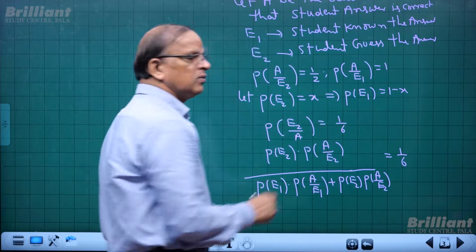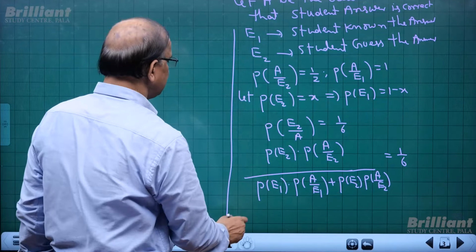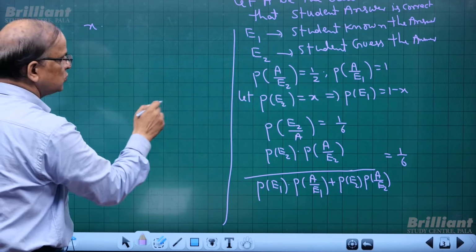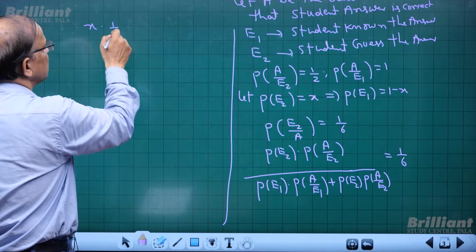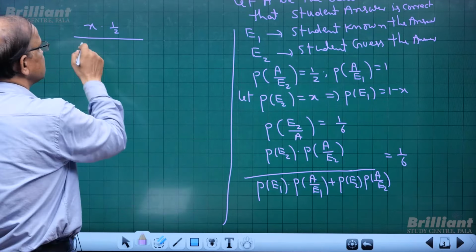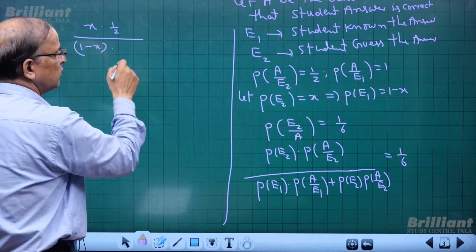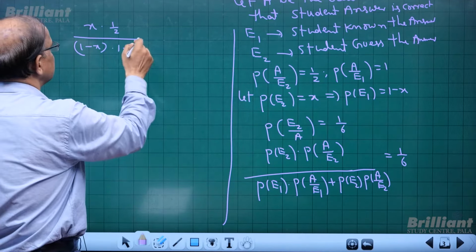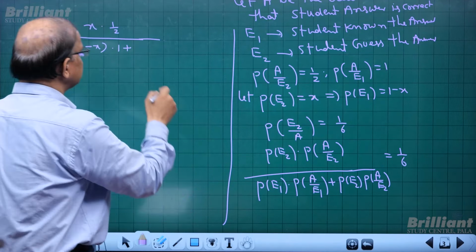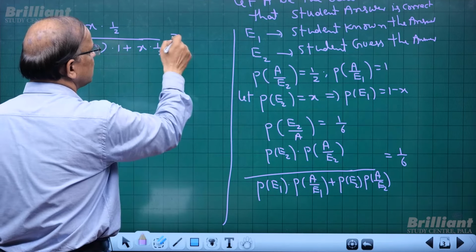So we have to find out 1 minus x. P of E2 is x. Therefore, x into A by E2 which is 1 by 2, whole by P of E1 which is 1 minus x into A by E1 which is 1, plus P of E2 which is x into 1 by 2 is equal to what?